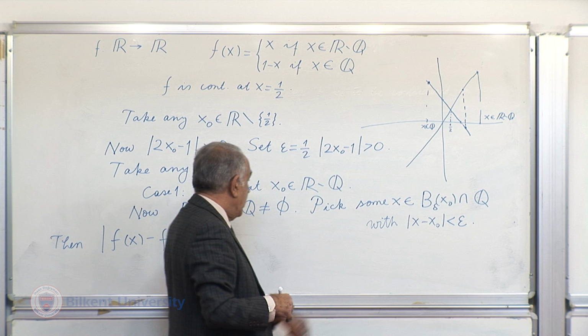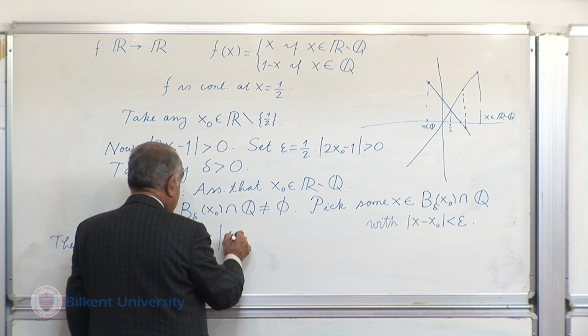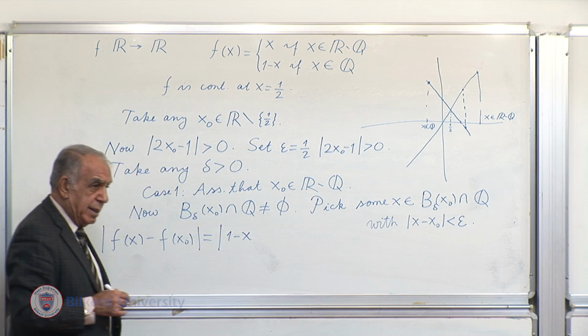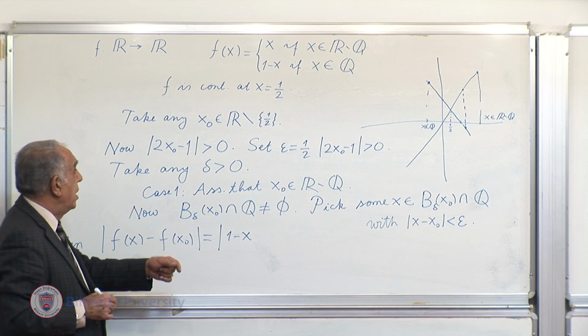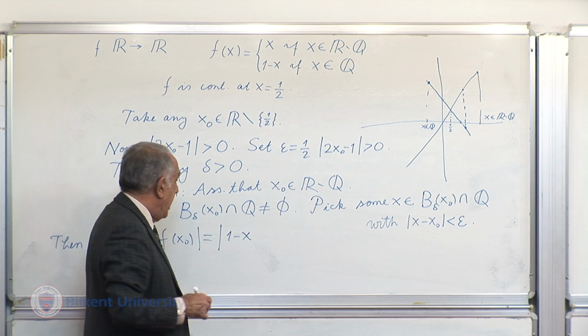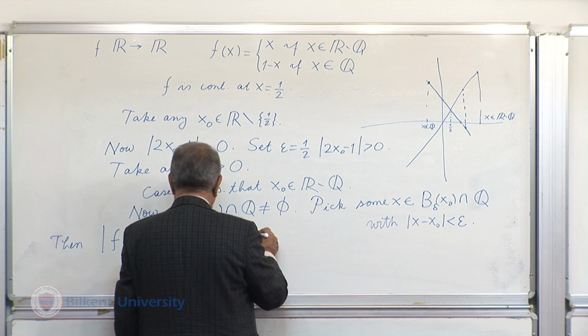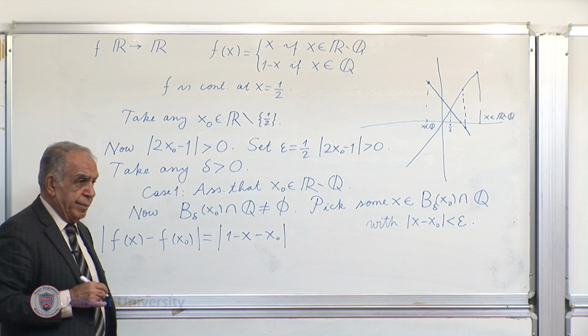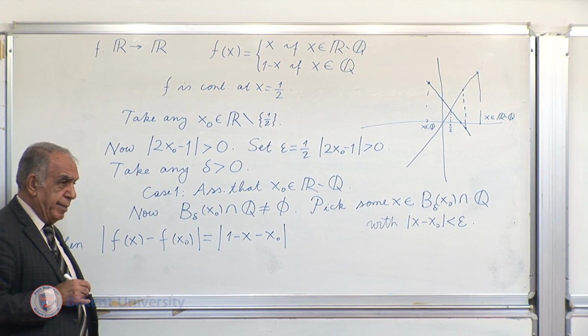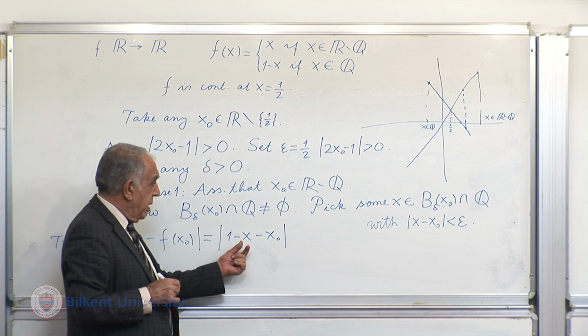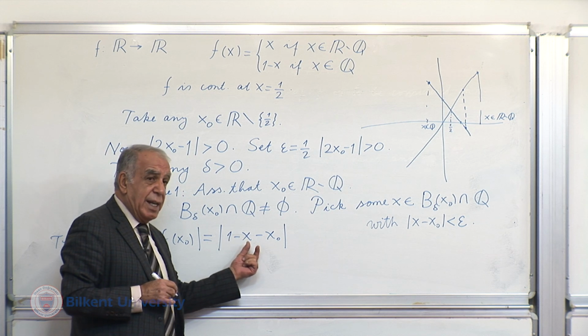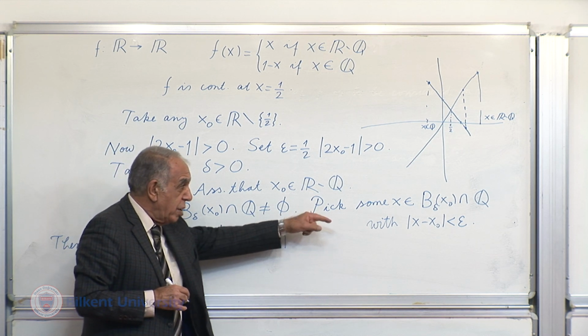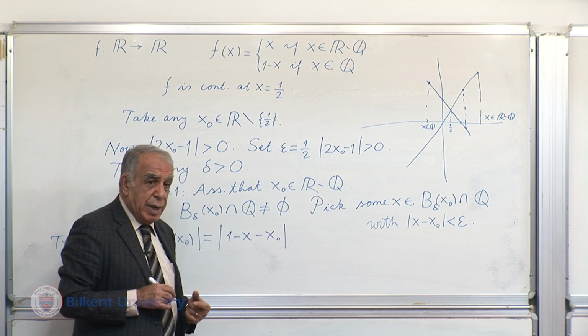X is in Q, f of x is 1 minus x. x0 is, in this case, irrational. So we'll have minus x0.